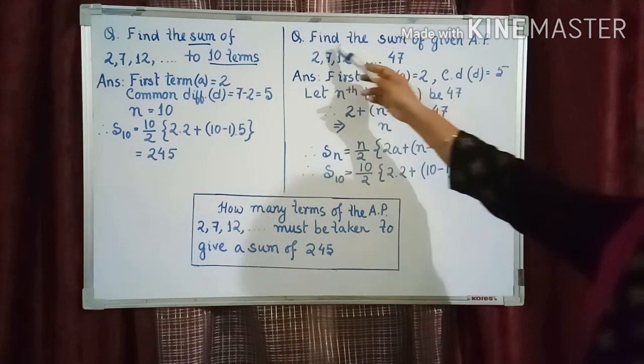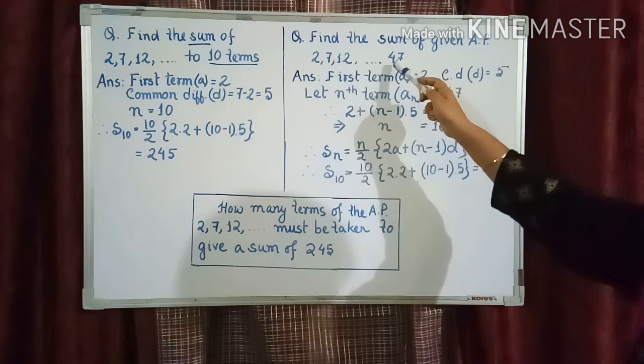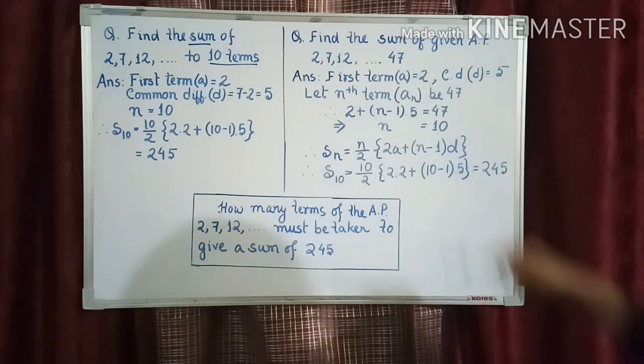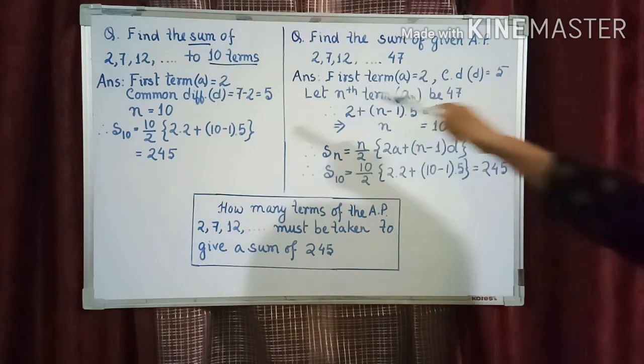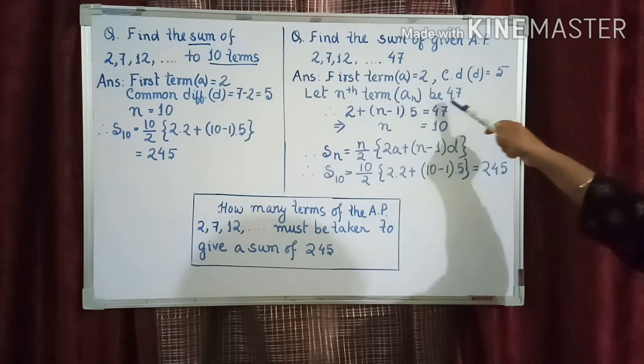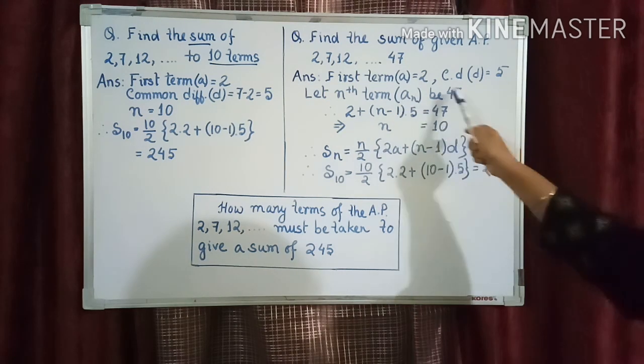In the second question, the last term is given, so if we find the position of the last term, we come to know how many terms there are. The first term is A equal to 2, and in this way you can find the common difference, 5. The nth term, let's take it as 47.